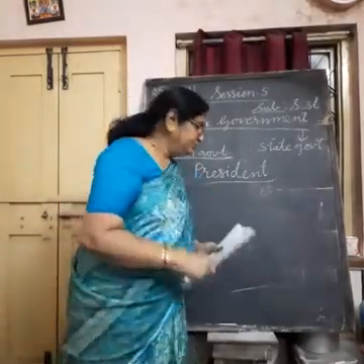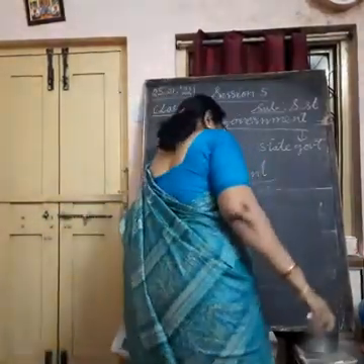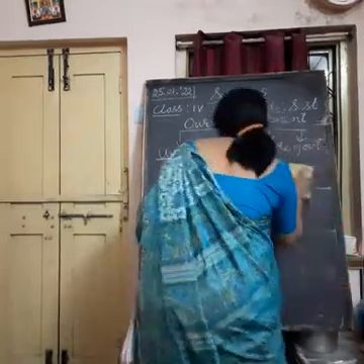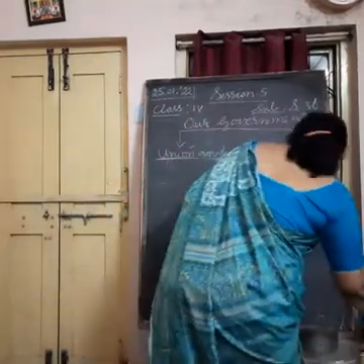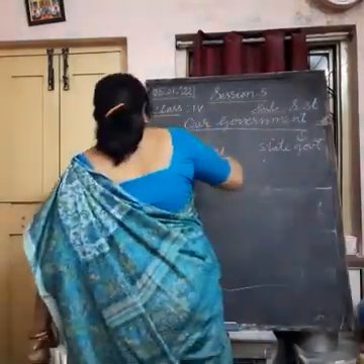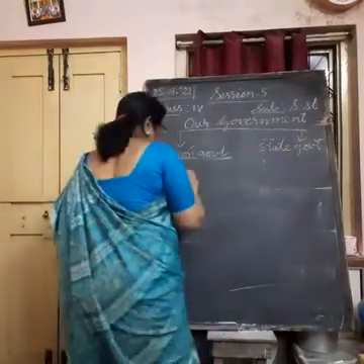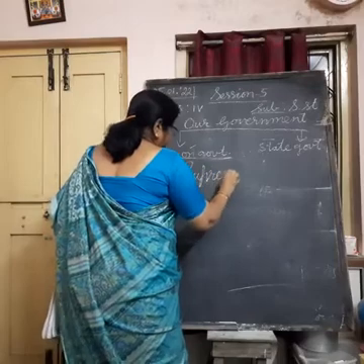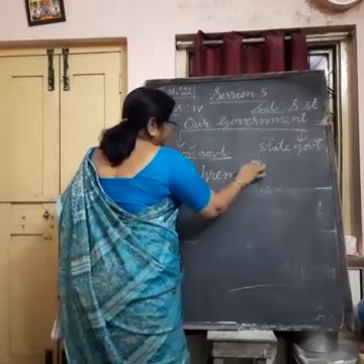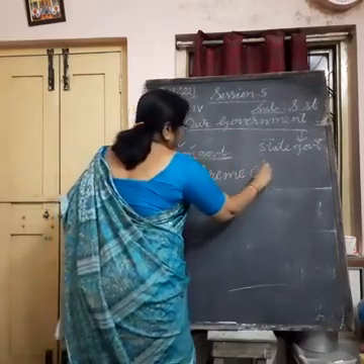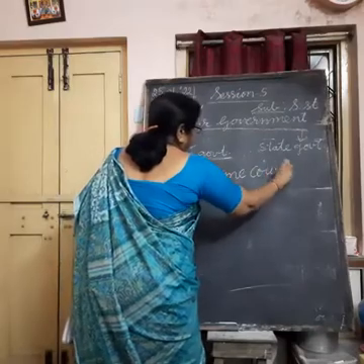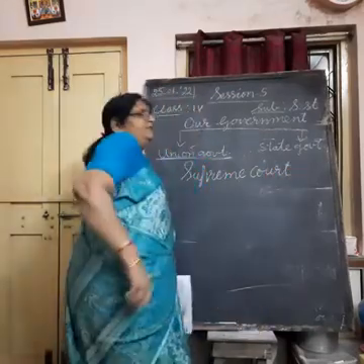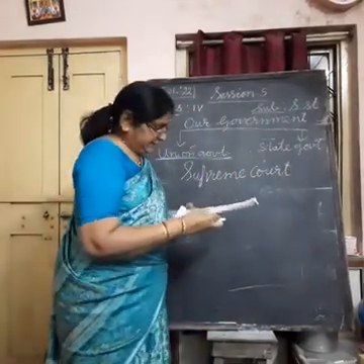Then the most important unit in the central government is the Supreme Court. The word supreme itself indicates the most important and highest level court of the country.